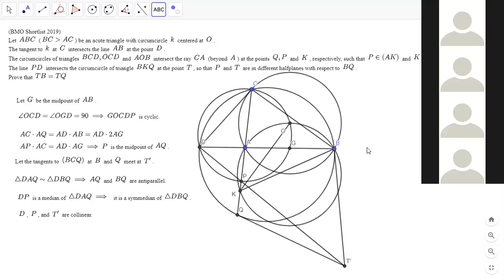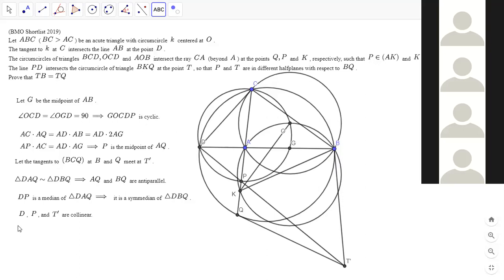And twice QDB is twice QBT, and twice QBT is QBT plus BQT. So BTQ will be cyclic.